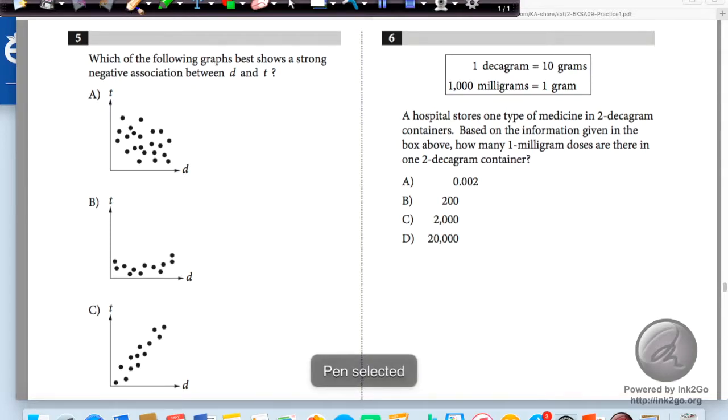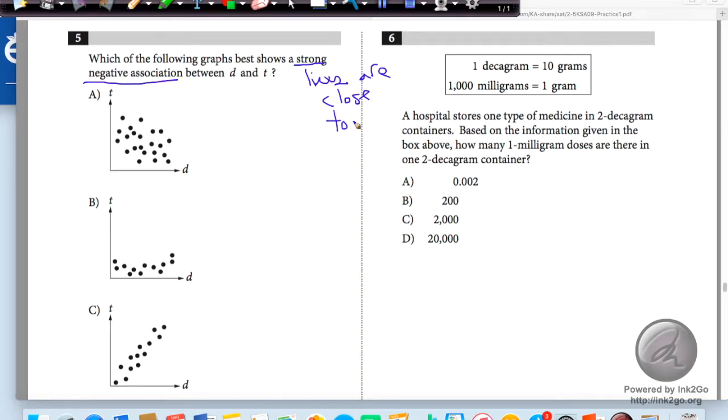In order for me to answer this problem, I have to be aware of what a strong negative association is. Let's quickly go over this. When something is strong, it means that the lines are close together. It means they have high accuracy, where all of the dots are really going to be in one place, as if you're drawing that line.